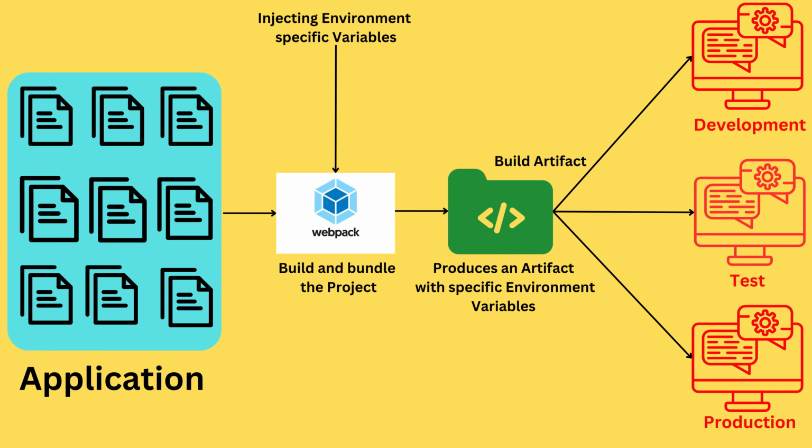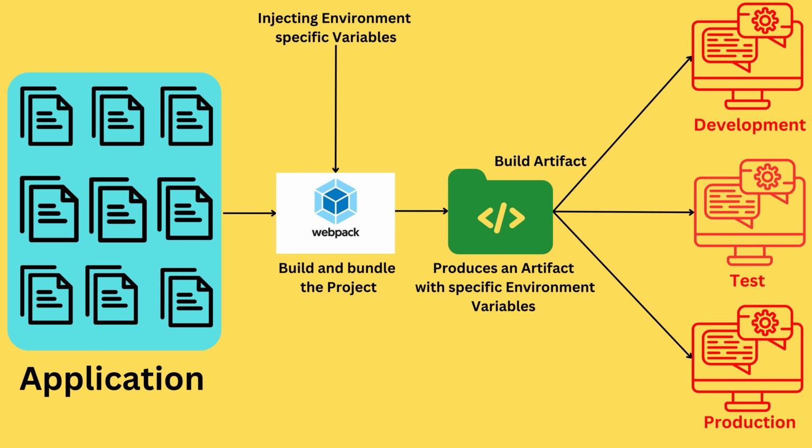If you look at this, while building the project, we have to inject environment specific variables and it produces an artifact for whatever environment you specify. So for example, if you build the project with dev-webpack.config.js, it builds the artifact for development.